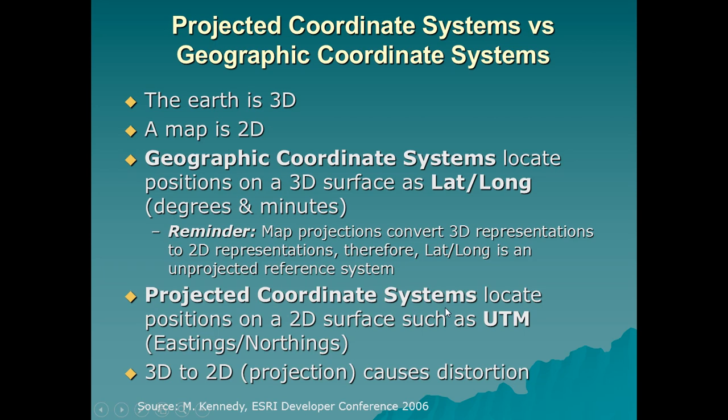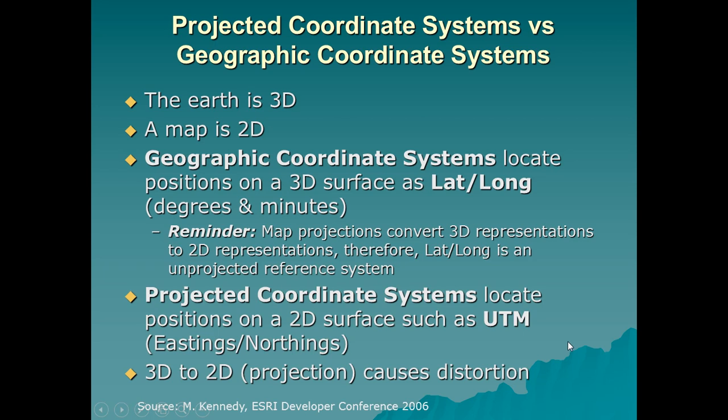The projected coordinate system, on the other hand, locates the position of features on that 2-dimensional flat surface. An example of that projected coordinate system is UTM, and UTM would be represented using eastings and northings.